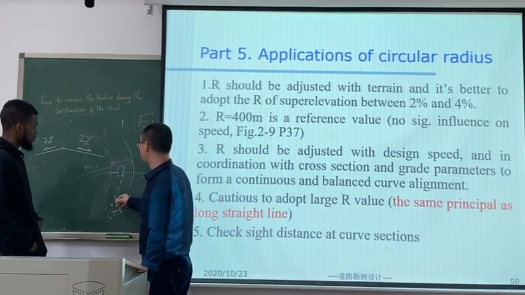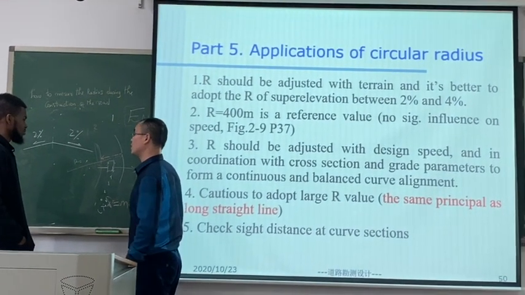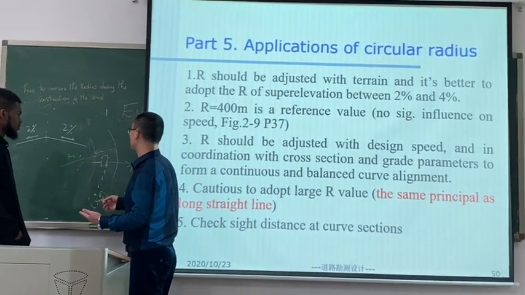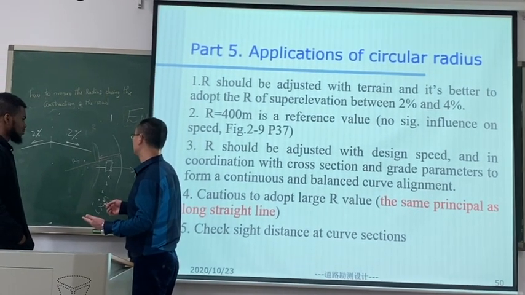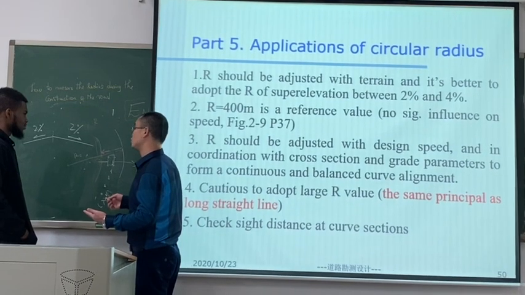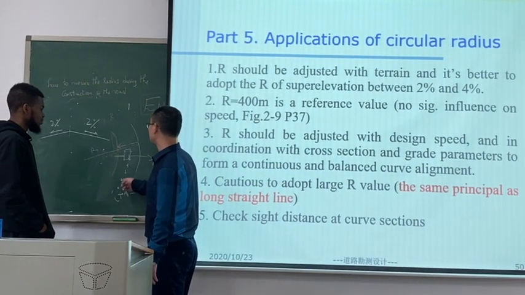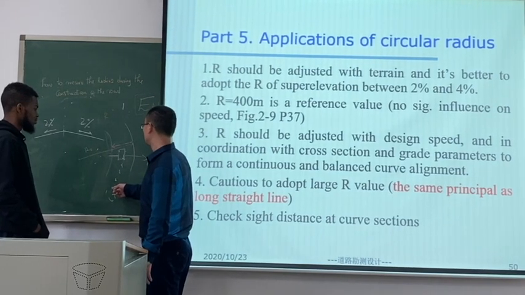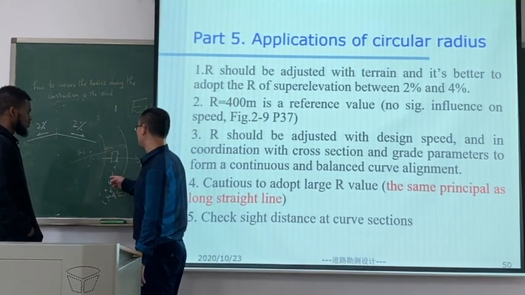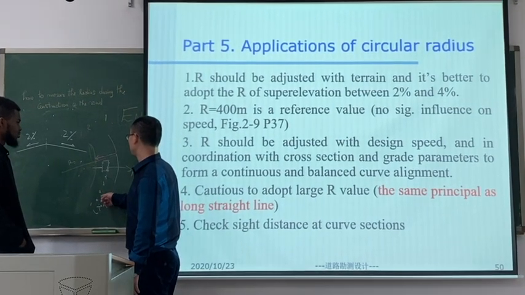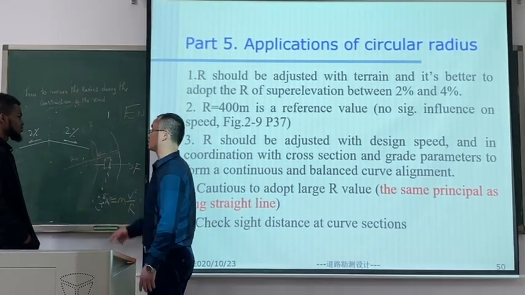On a straight line, one point every 20 meters. On a circular curve, one point every 5 meters or 10 meters.